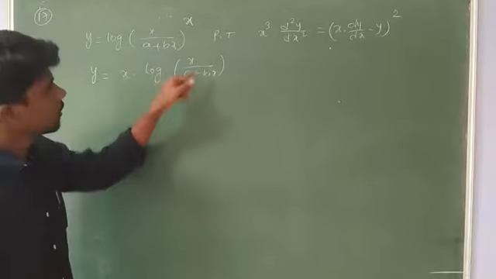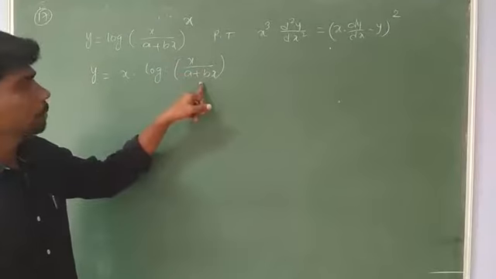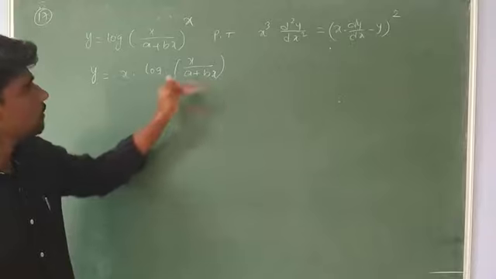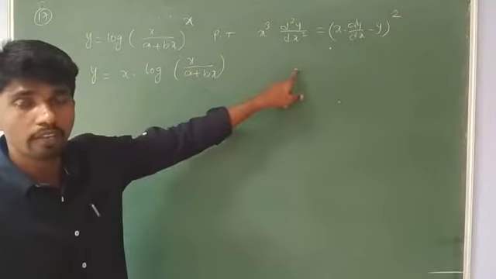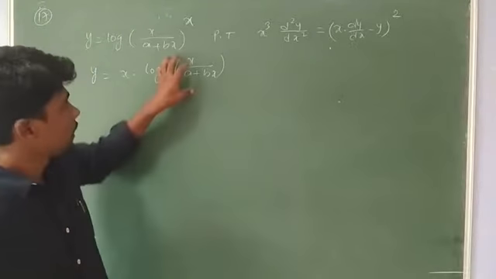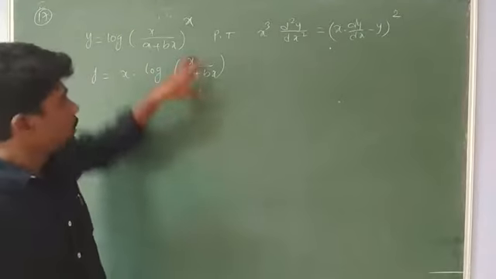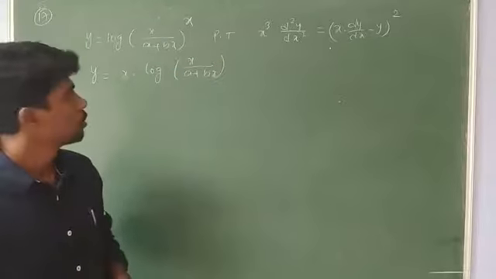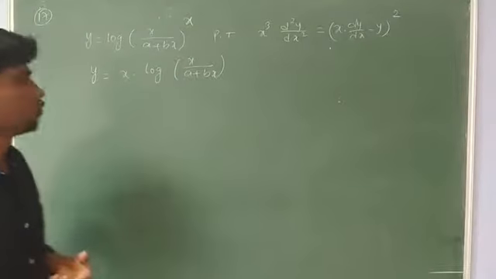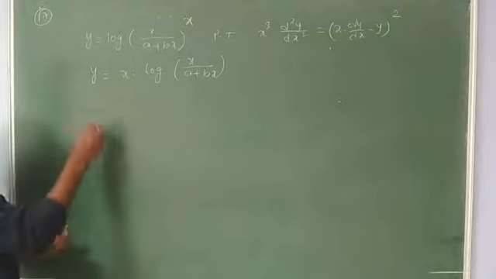Again I have some part as a function in x. Again chain rule: if I go for the chain rule, log x derivative is 1 by x, and later I have to do this one by u by v form. So that's the reason we just transfer this x to the left side.